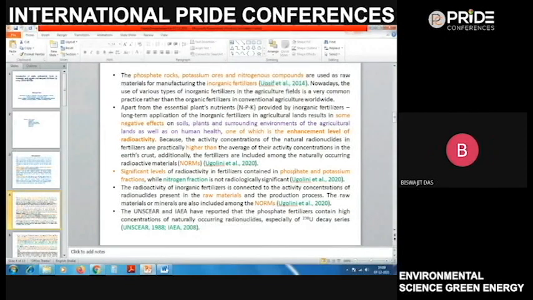These materials contain relatively higher concentrations of natural radionuclides of the uranium-238, thorium-232, and uranium-235 decay series, and their radioactivity is higher than the activity in our natural environmental materials like soils and water.